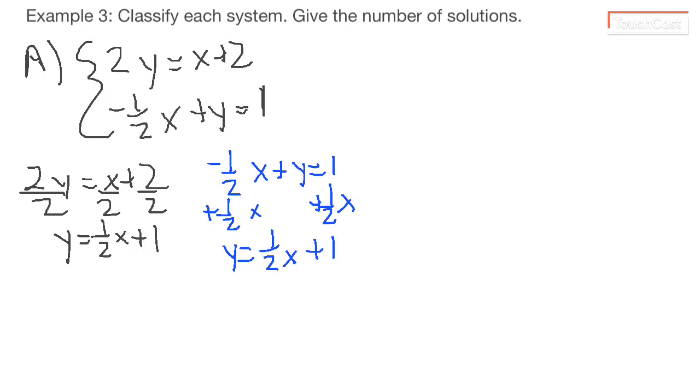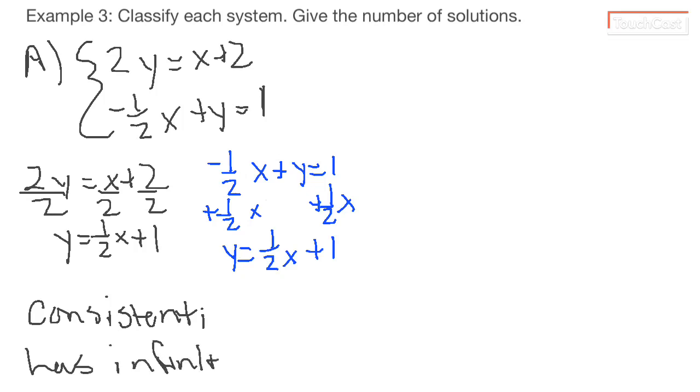Well, these two equations are the exact same. If the two lines are the exact same, then we have a consistent system. So we can write that this system is consistent and it has infinite solutions.